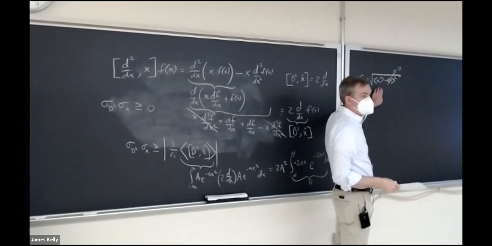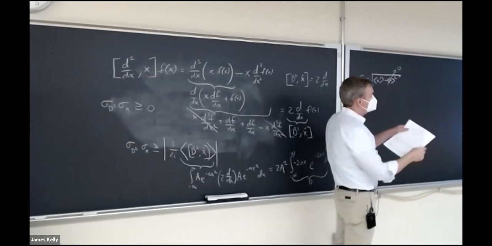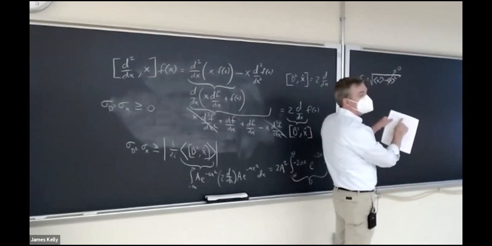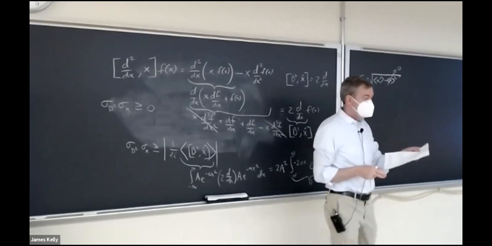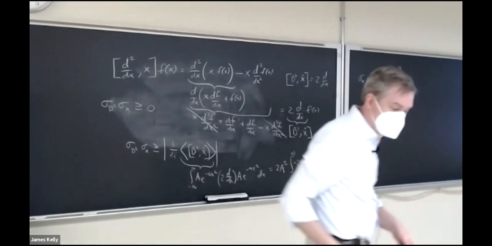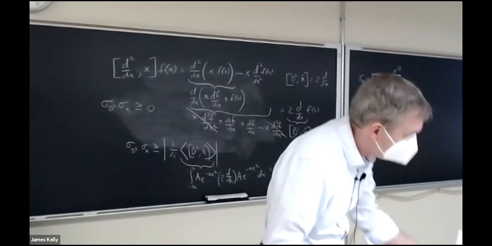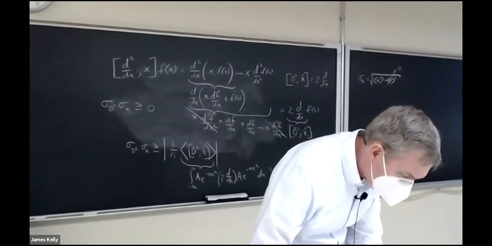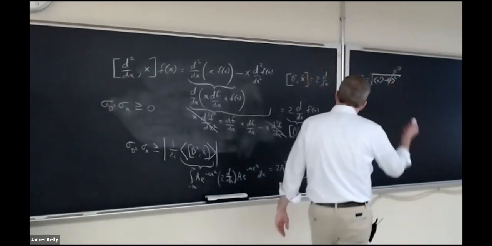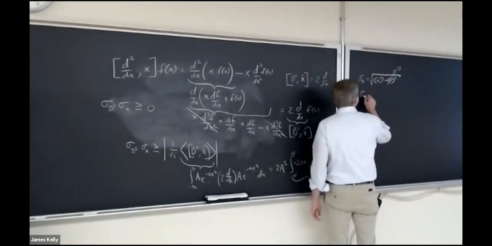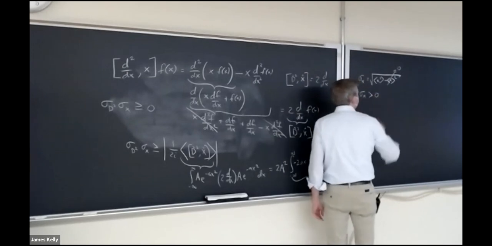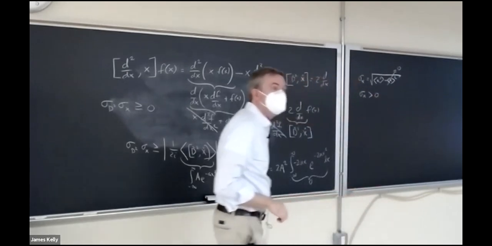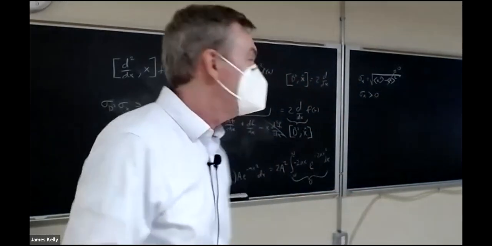I'm going to get an x squared times a Gaussian function, and I'm going to have to use my x squared times a Gaussian integral in order to work it out. I'm just going to tell you what the final answer is. Oh, I don't even have the final answer written down here. In any case, sigma x is definitely not 0. It's some number greater than 0.